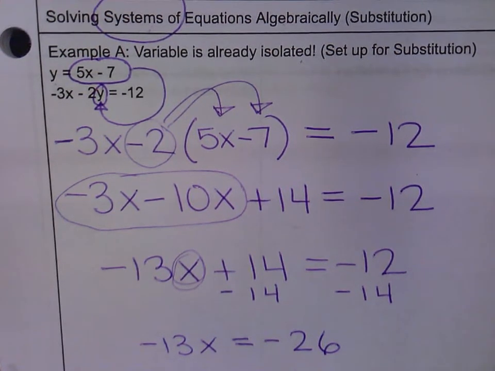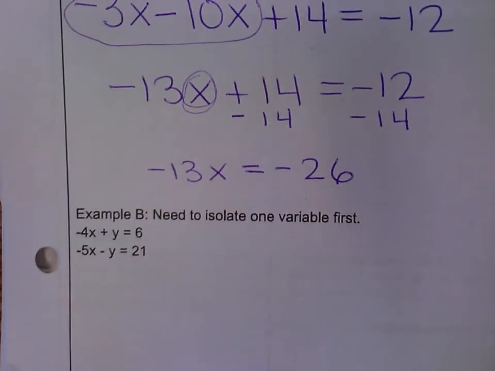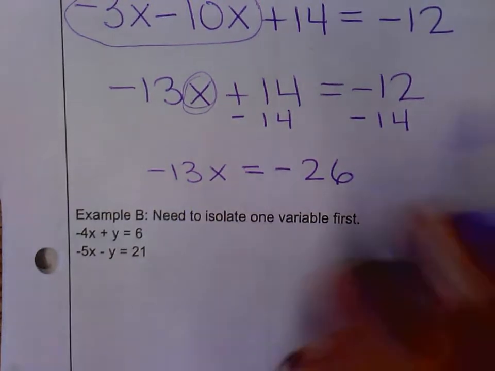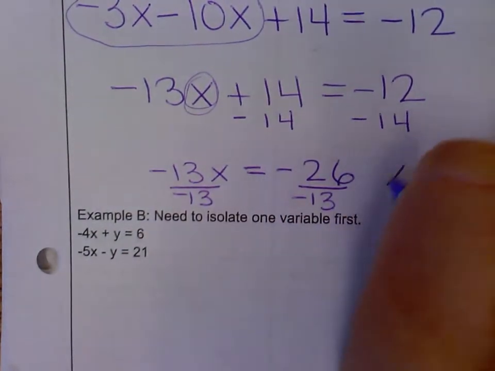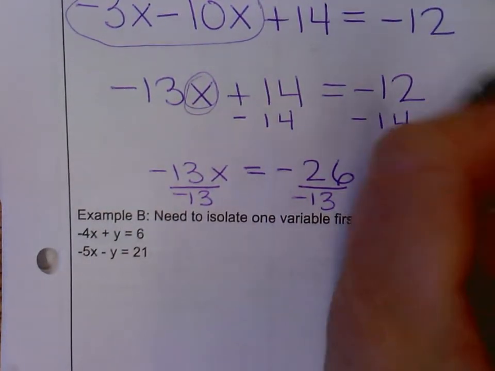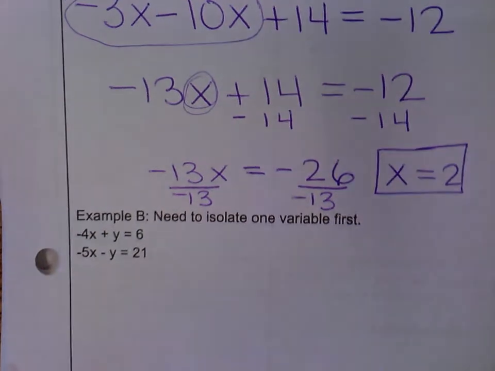So I'm at negative 26. Oh, I lost it. Here we go. What's my last step? What's the opposite of multiplying? Divide both sides of the equation by negative 13, and I solved for x. X must equal 2.